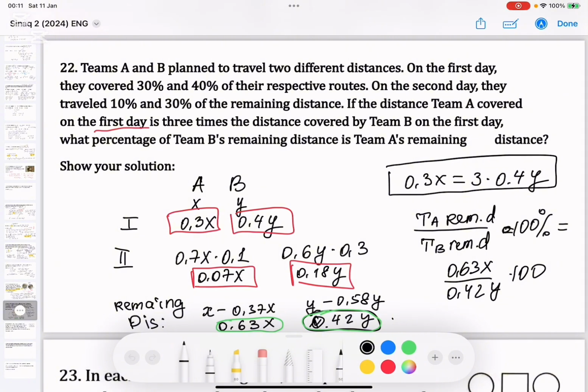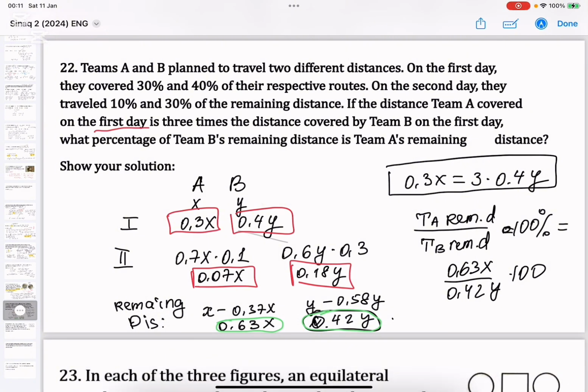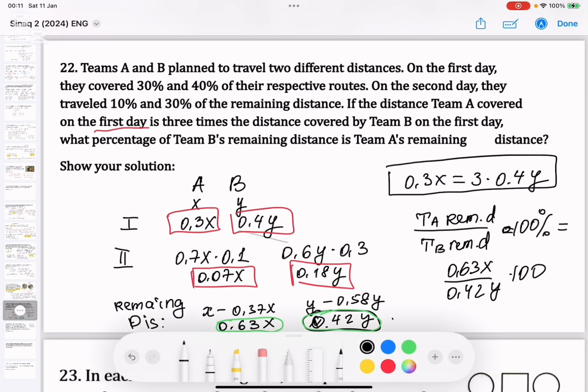This equation will help us see the relationship between x and y. By simplifying, we can multiply both sides by 100 first. So we're going to have 3x equals 12y, or x equals 4y.